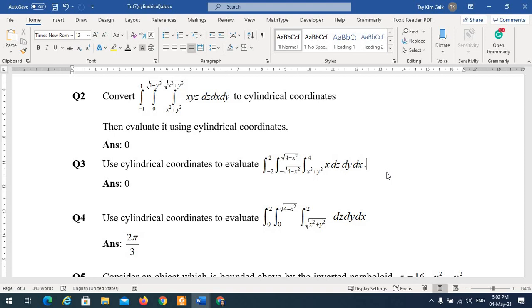Then question 4. Theta is this one, x from 0 to 2. For question 3, your region R is a full circle.